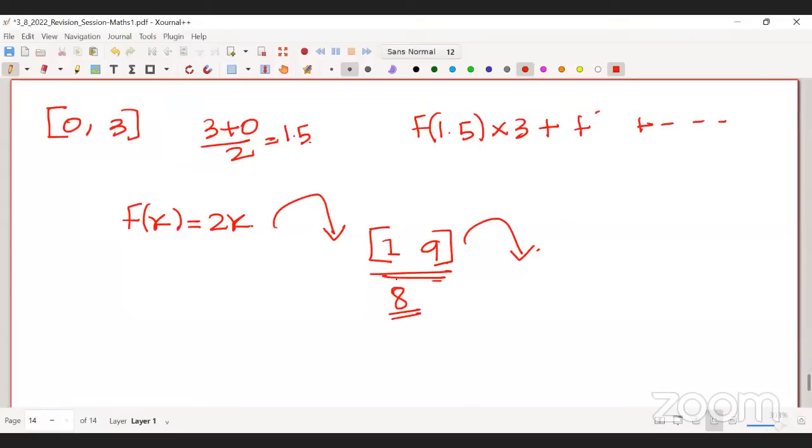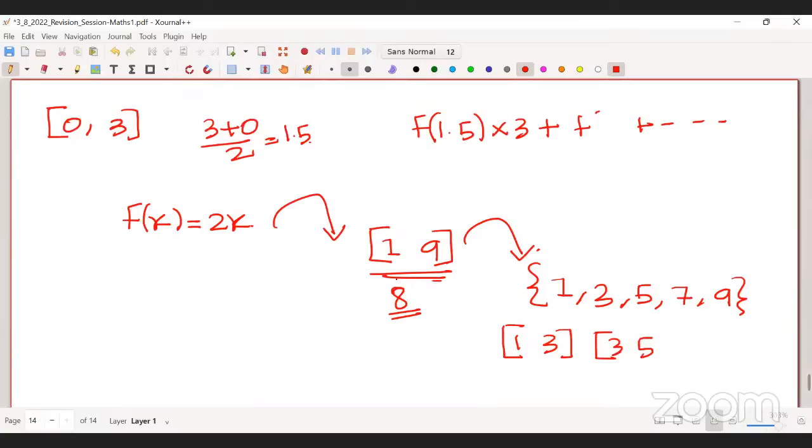If you divide this interval into 4 subintervals, then the length of each subinterval will be 2, right? So the partition is 1, 3, 5, 7, 9. This will give you 4 subintervals: 1 to 3, 3 to 5, 5 to 7, and 7 to 9.